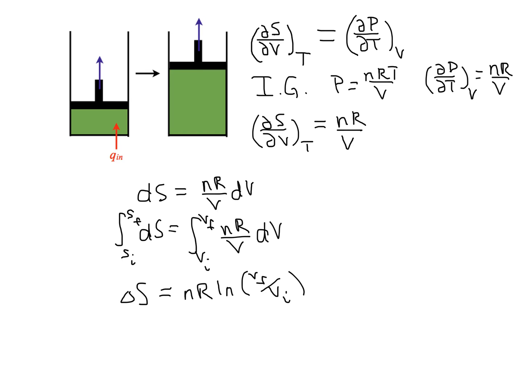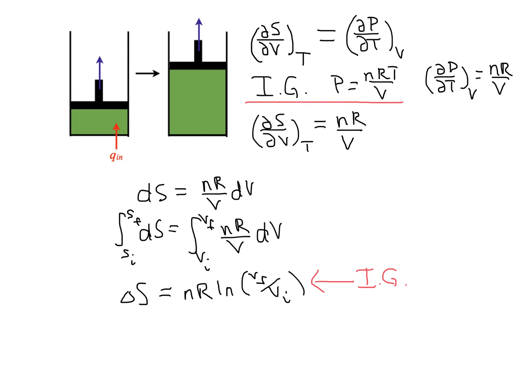It's very important to always remember what assumptions you made in deriving any equation. Notice that we made the assumption that the gas in our cylinder was an ideal gas. Therefore, this equation will only work if my system is composed of an ideal gas.